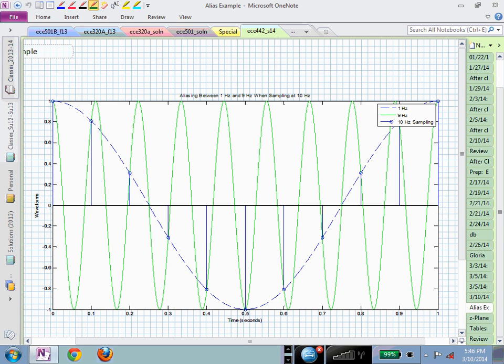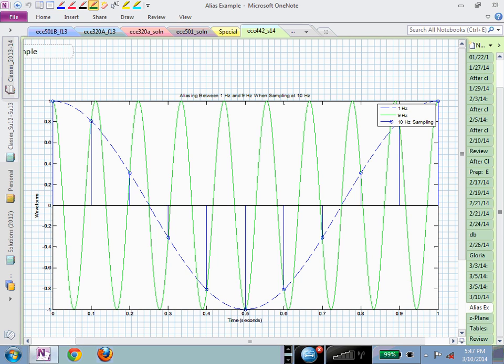But this gives you maybe a picture, a waveform picture of what I mean when I say alias. So if we're sampling at 10 hertz, you can't distinguish frequencies above 5. All you'll really be able to see are frequencies between DC, 0, and 5 hertz.